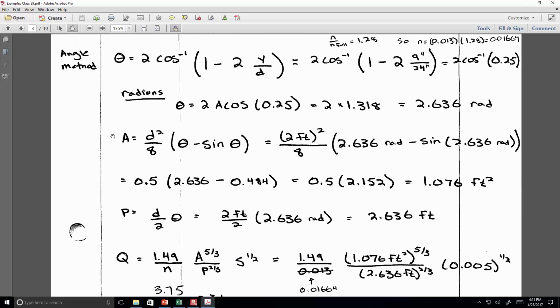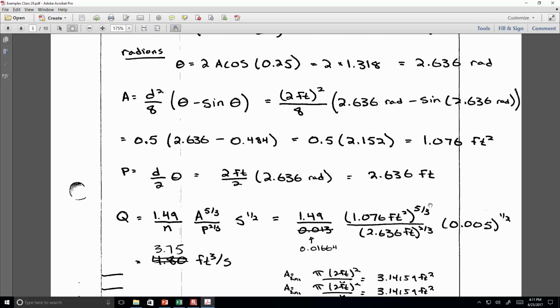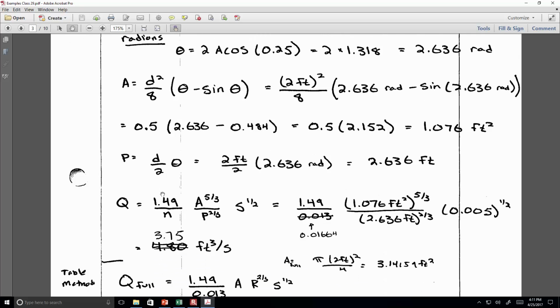Then we find the cross-sectional area, and it's 1.076 square feet. And then the wetted perimeter, 2.636 feet. Then substitute all of that into the flow rate with the adjusted n value, and you should get 3.75 cubic feet per second.